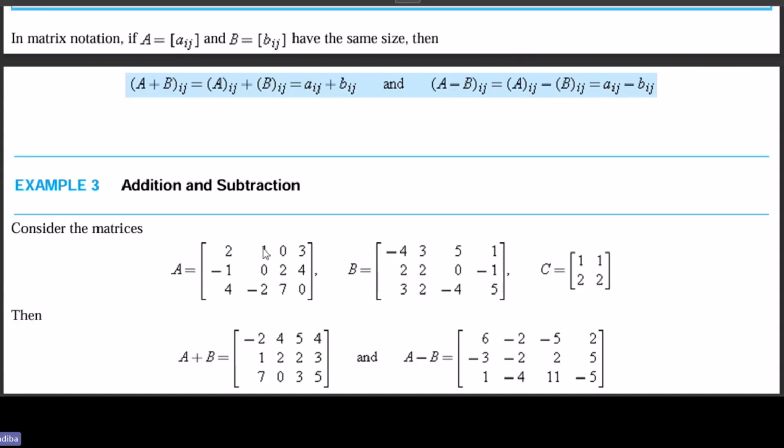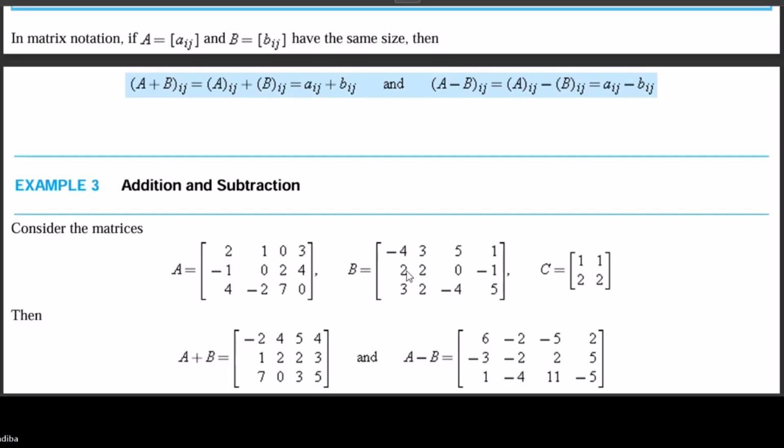And then 1 plus 3. That's where this 4 is coming from. 0 plus 5. That's where the 5 is coming from. 3 plus 1 gives us 4.